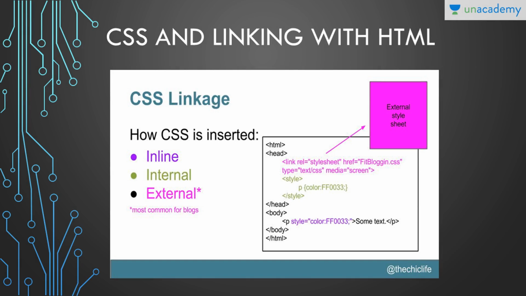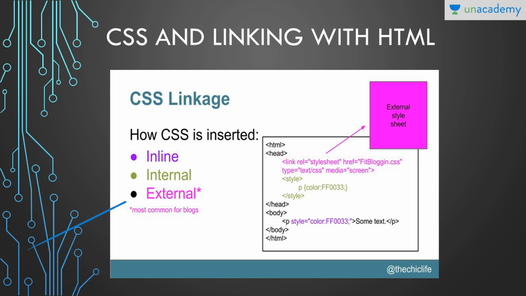The last thing that you can see here is how to link a CSS file with our HTML. This is just a basic overview. We are going to study it completely in our upcoming lectures, but you can see here we can link a CSS file in three ways with our HTML document, right? The first is the inline way, second is the internal way, and the third is the external way. I would say the external way is the most recommended one, and we will be using the external way to link our HTML files.